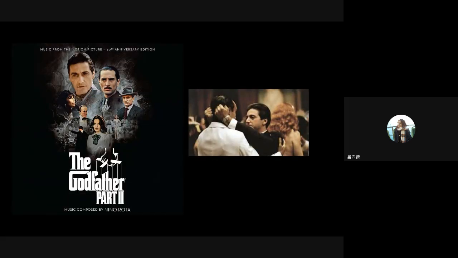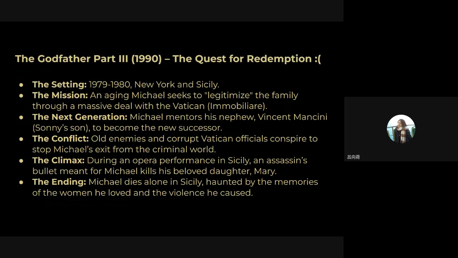Here is the poster of part 2, here is Michael now, and here is the young Don Corleone. And here is a picture where Michael was about to kill Fredo, and just before he kills him, they still look good.